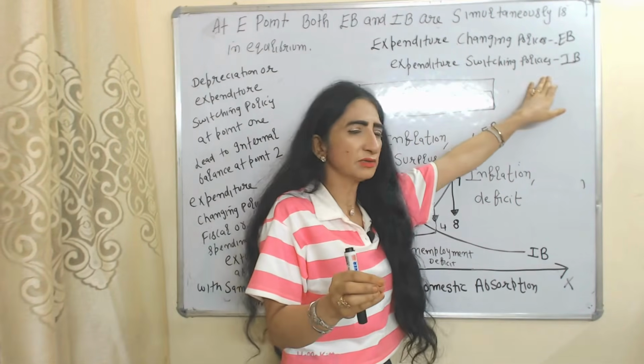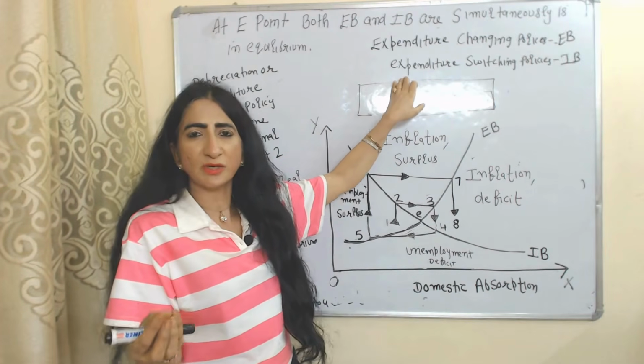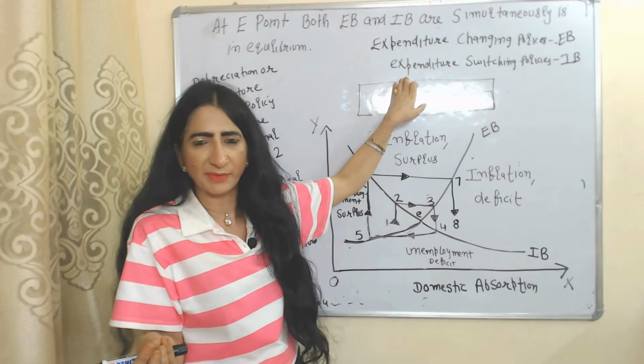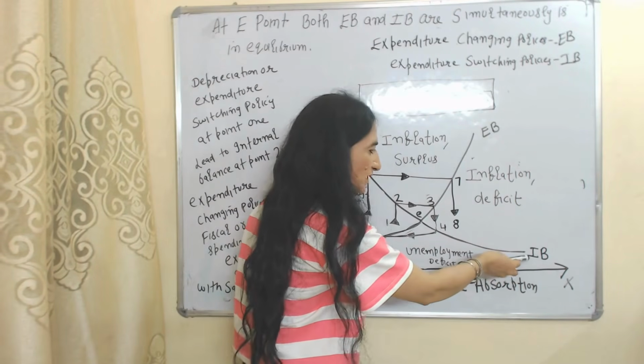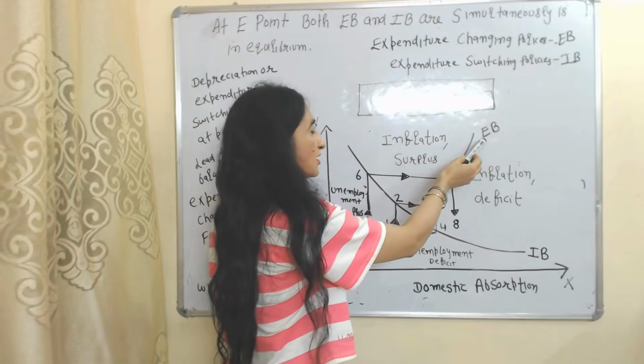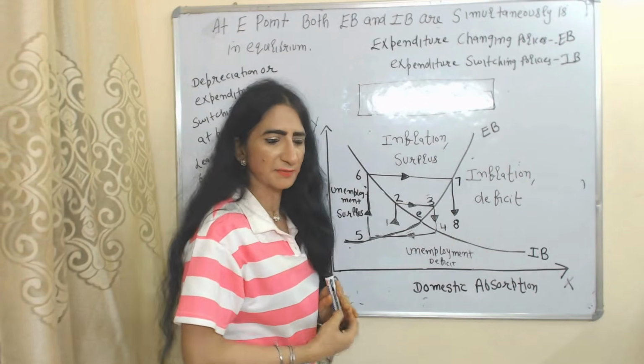But in order to achieve internal balance, country will adopt expenditure switching policies like depreciation and appreciation. All point of IB curve shows internal equilibrium, but all point of EB shows external equilibrium.